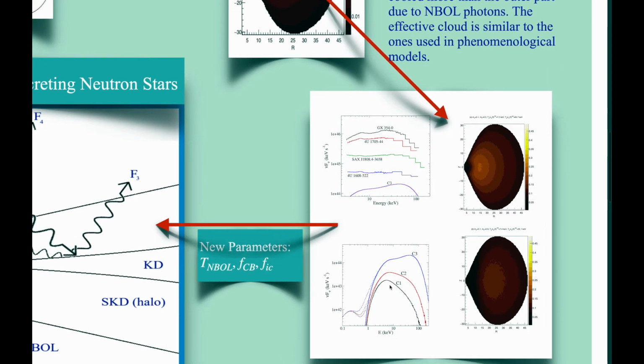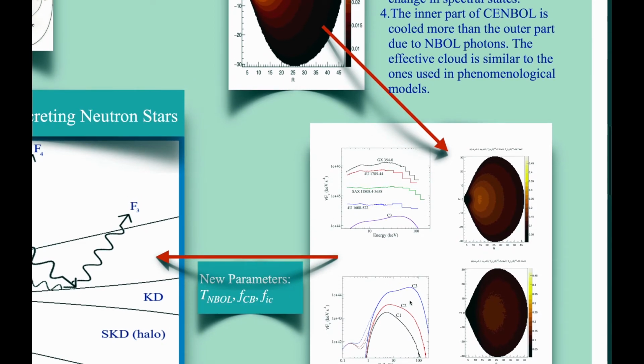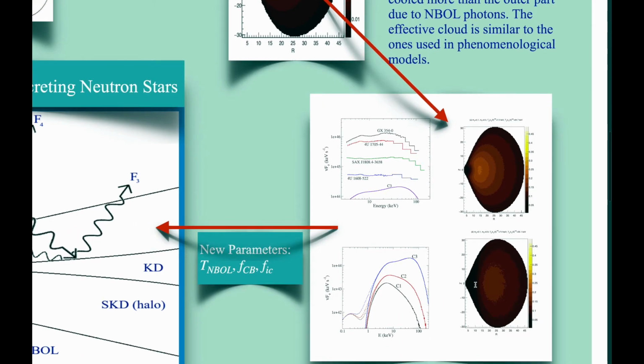Now if you vary the TCAF parameters, you can see the spectral hardening. Here we show only in terms of the halo accretion, which is an important parameter which gives you the hot electrons in the Compton cloud. And once you consider this stronger cooling, we see the inner part cools down further, the outer part cools down less, and the resultant shape of the cloud turns out to be very similar to what we get in observation.